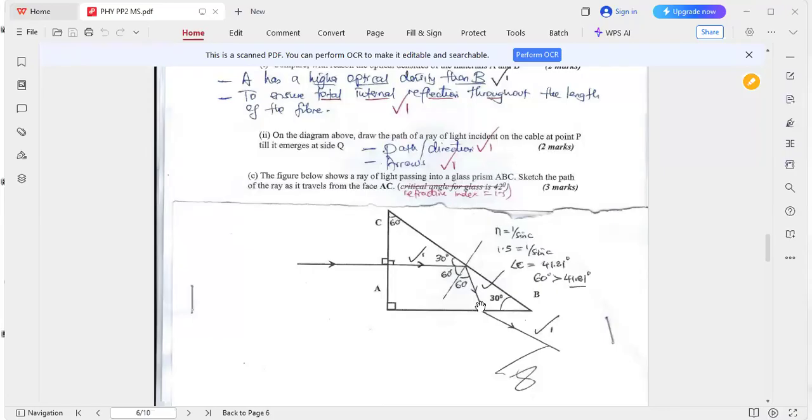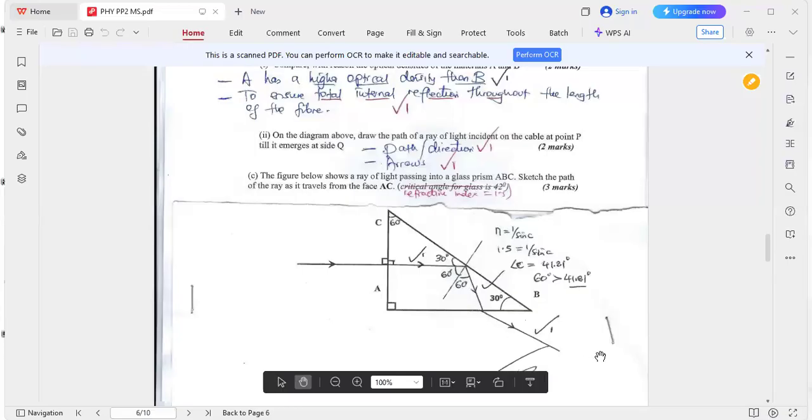The angle of incidence will be 30 degrees at this point. And since the angle of incidence is 30, and 30 is less than 42 degrees, therefore we cannot have total internal reflection. Instead, we're going to have refraction taking place. So the ray emerges outside into air.